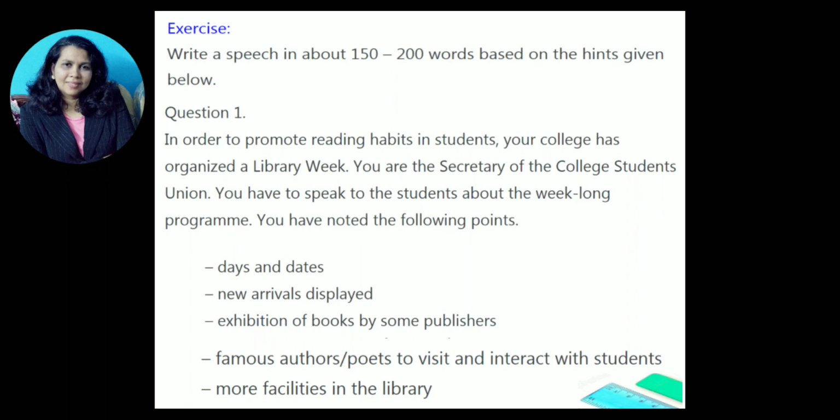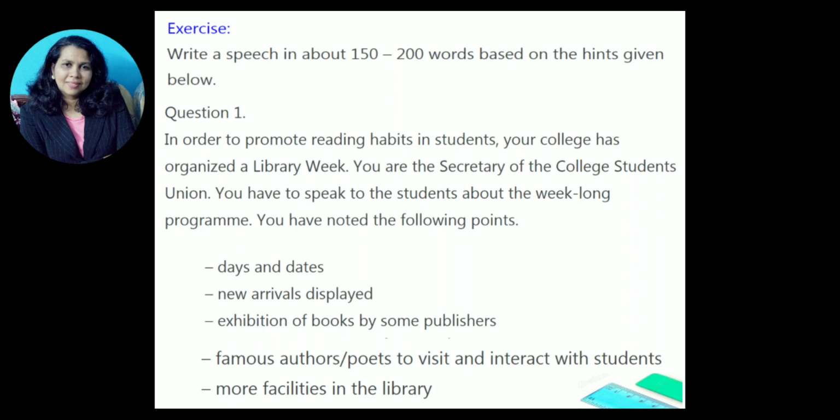So when you write the answer, you have to be careful. All these 5 points you have to write in your speech. So question number 1. In this video, I have given 2 examples for speech writing. One with hints and the second one without hints. So let us see first with hints, the 5 points what they have given here.